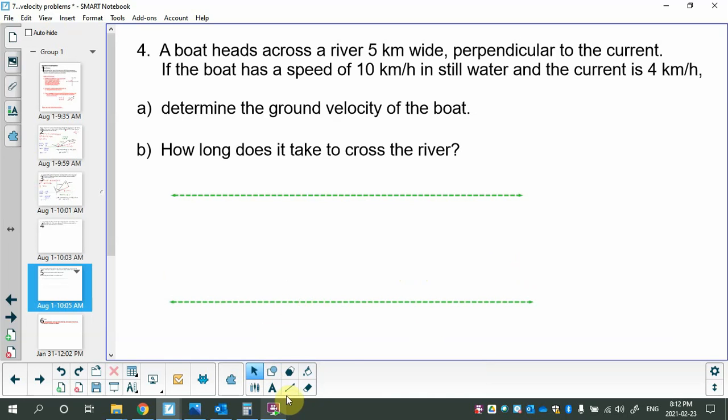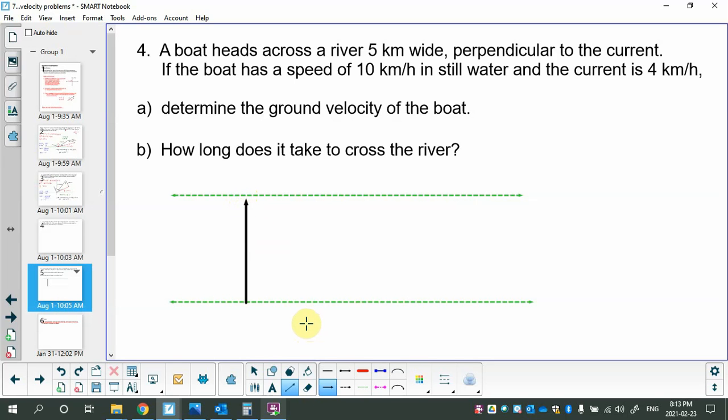And this boat heads perpendicular to the current. So the current is going downstream or upstream. I'm going to say it goes downstream. The current goes downstream and the boat is heading across perpendicular to the current.